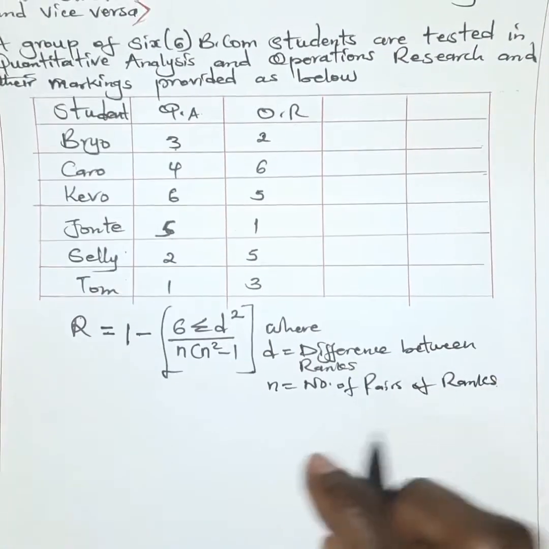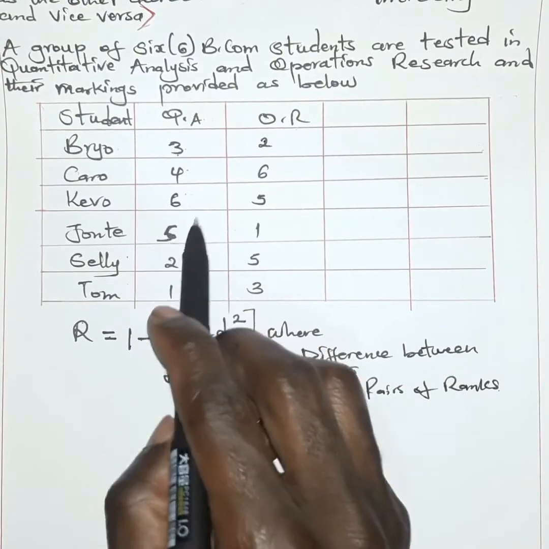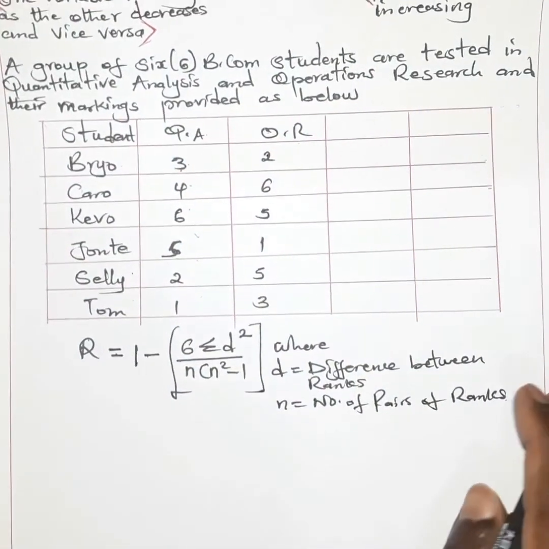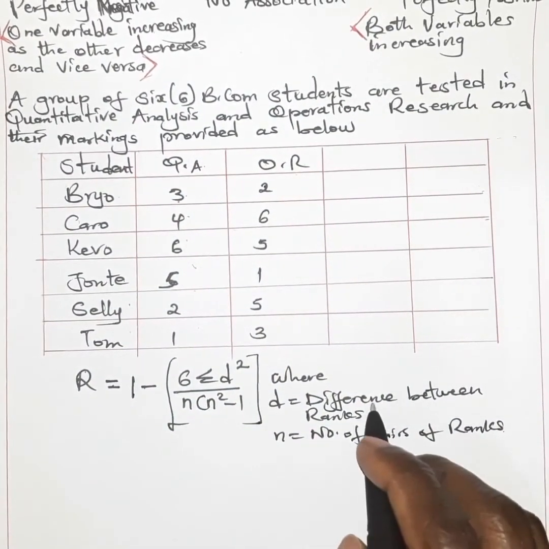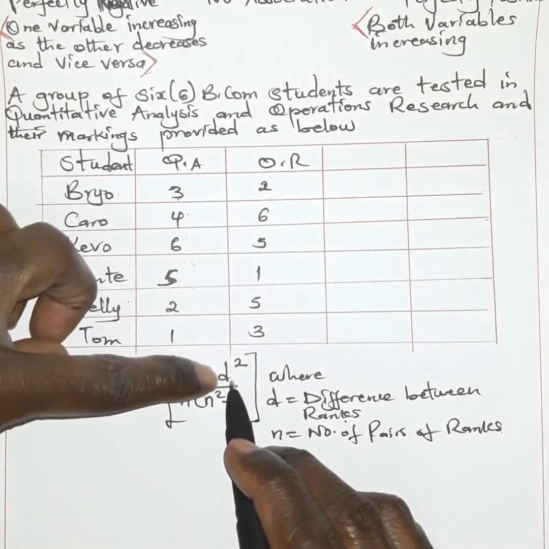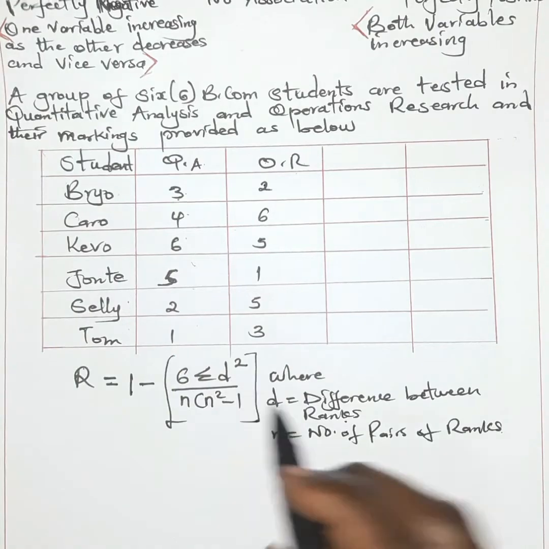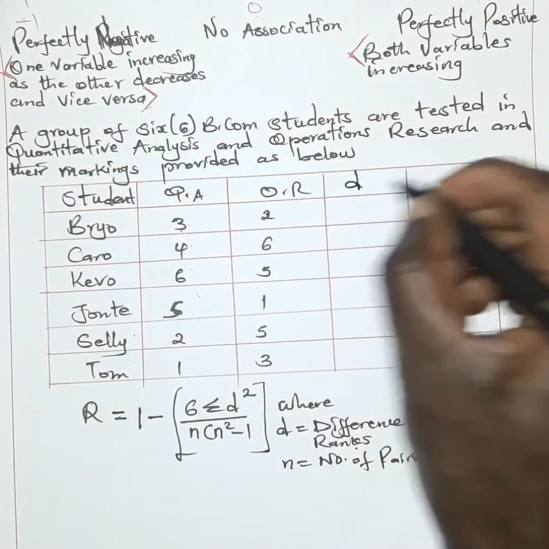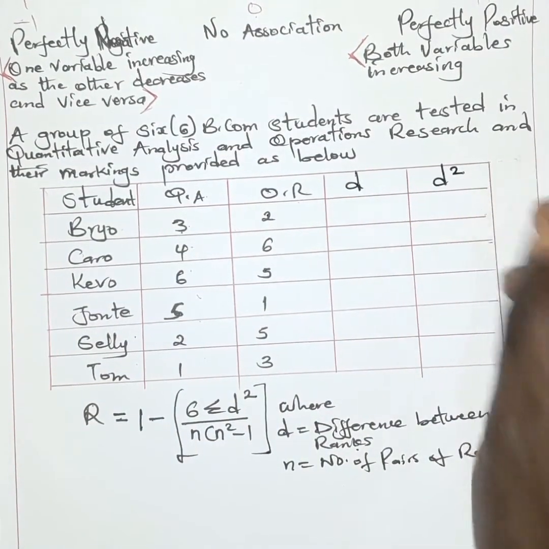Already we have our n, which is 6, since there are 6 pairs. The formula uses d squared, so you need another column for d and another column for d squared.